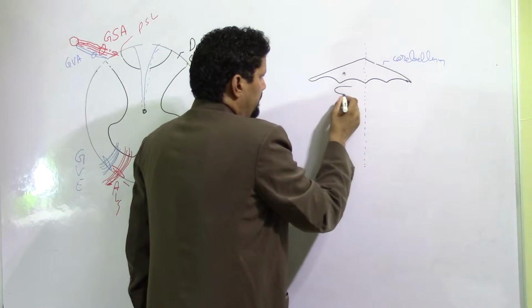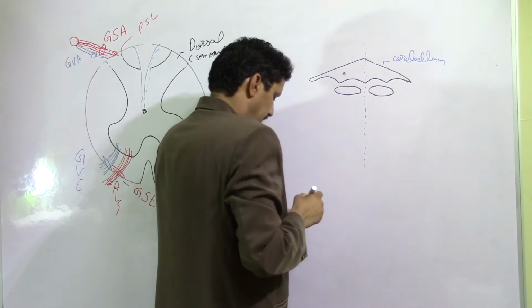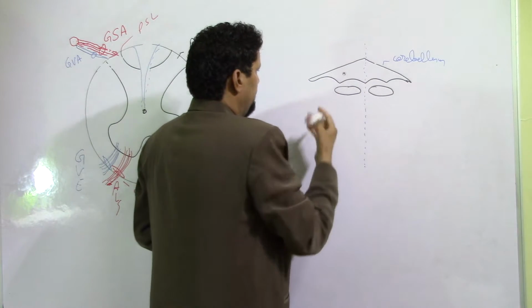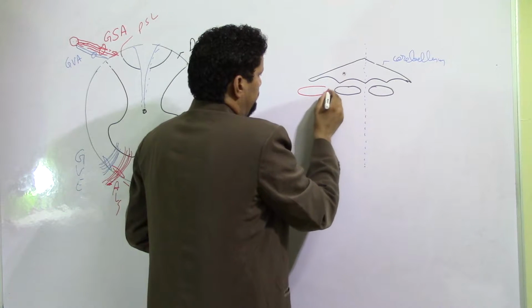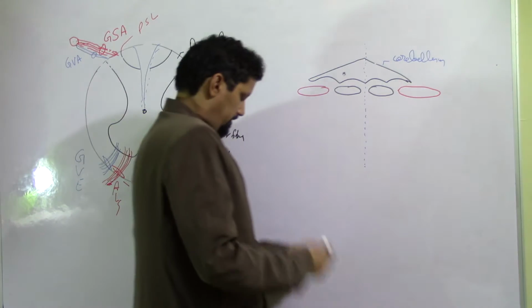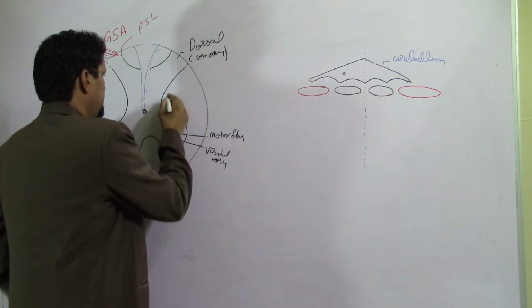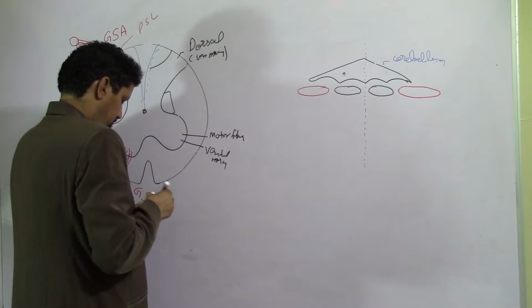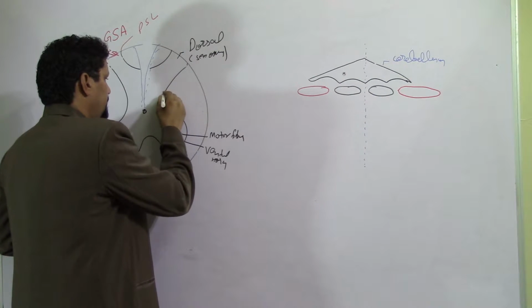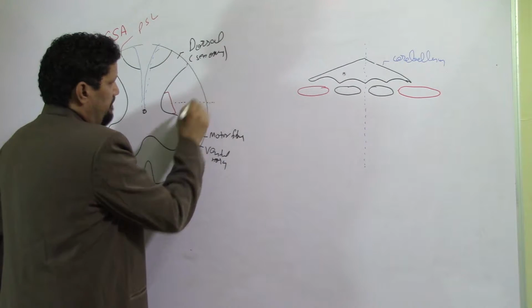This motor horn will be most medial, and this sensory horn or dorsal horn will be lateral like this. Now, here was the intermediate or lateral column, and here was the sulcus limitans.